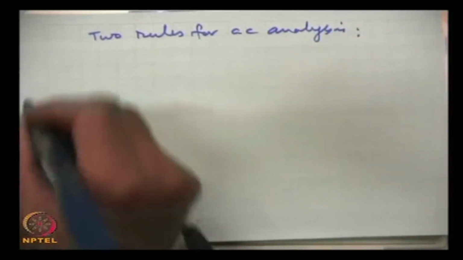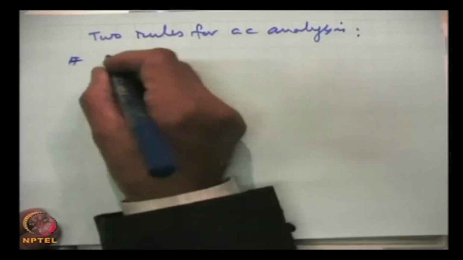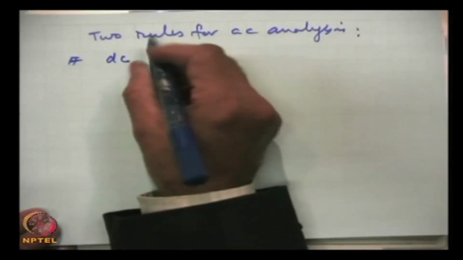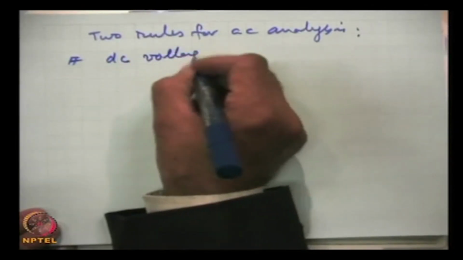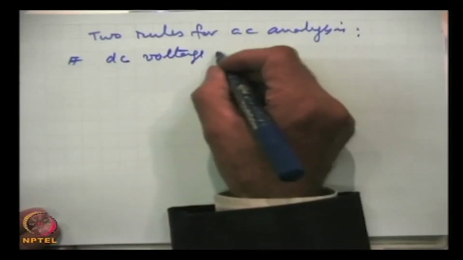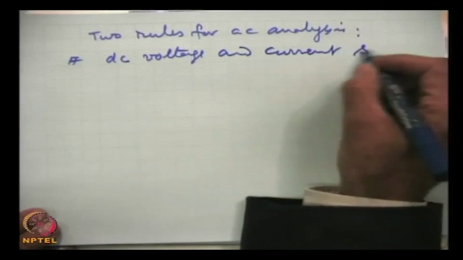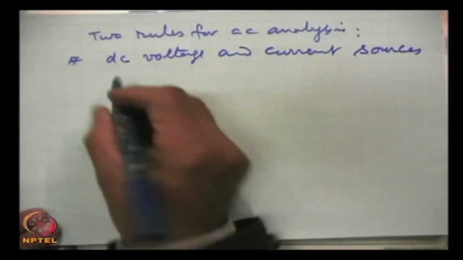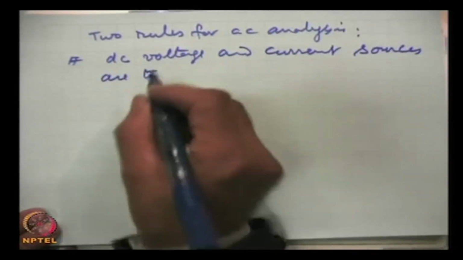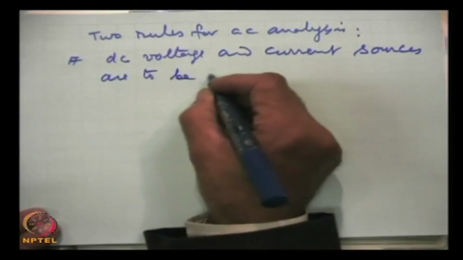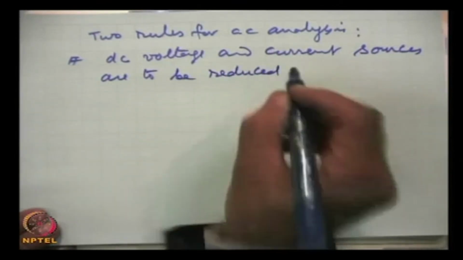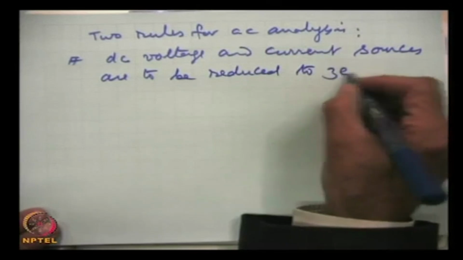The one is that DC voltage and current sources are to be reduced to 0.